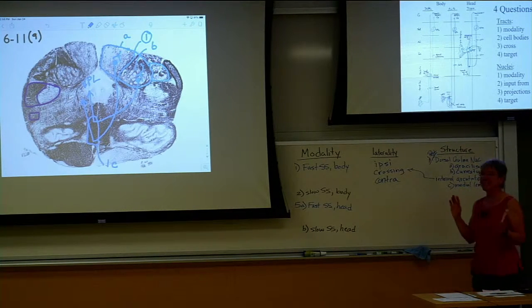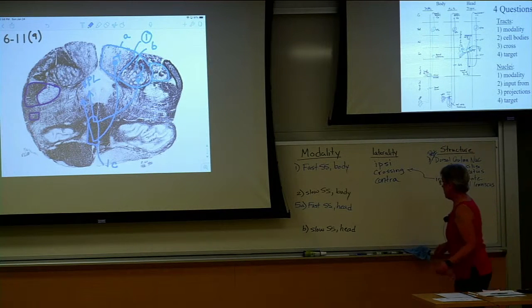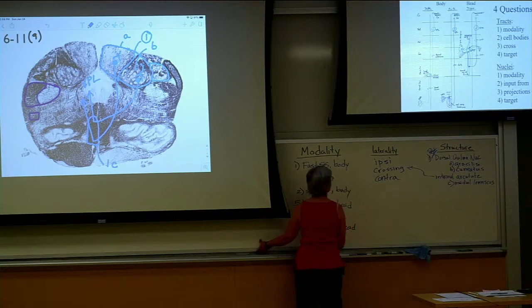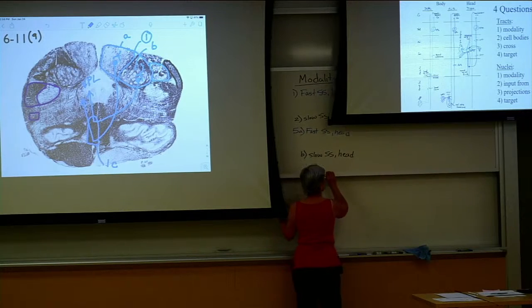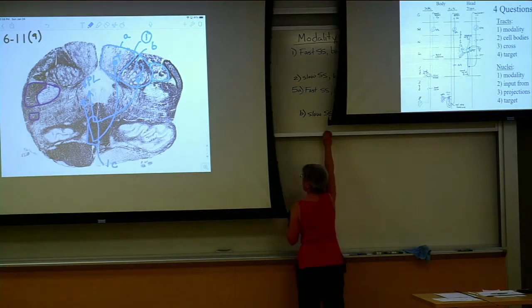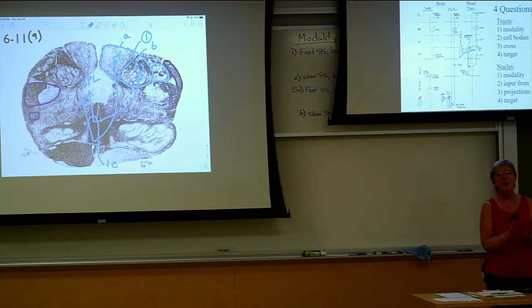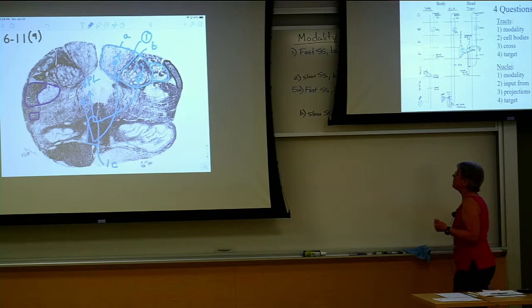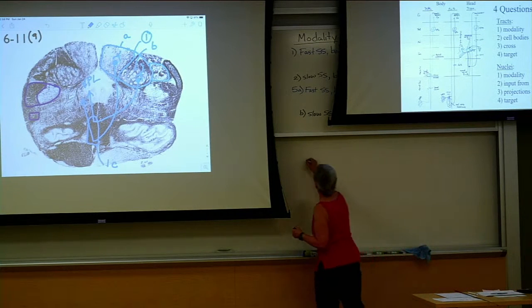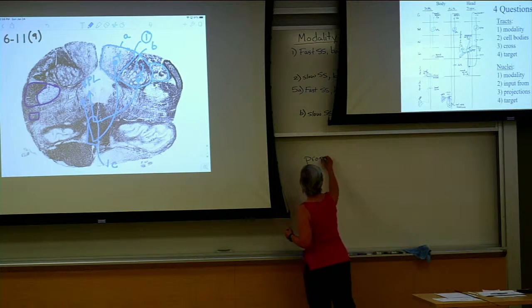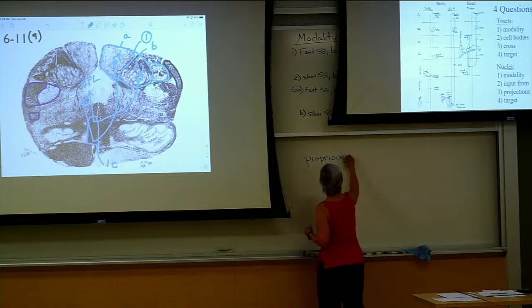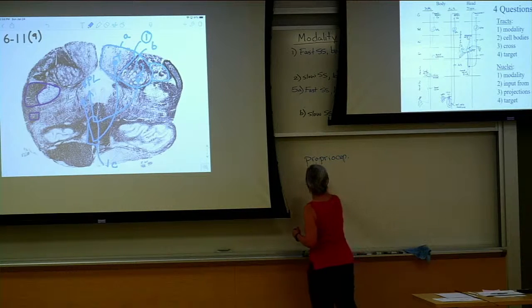Okay, now we're going to do an aside where I mentioned in the spinal cord that it's important for proprioceptive information, which is some of our fast somatosensory information, to make it to the cerebellum. So we've got proprioception on its way to cerebellum.